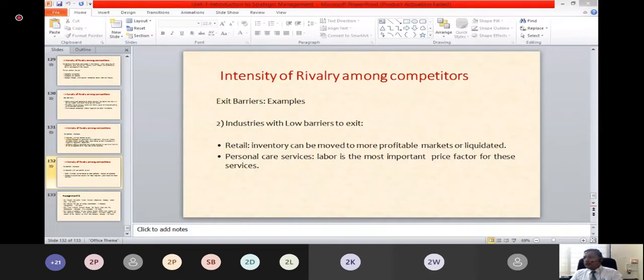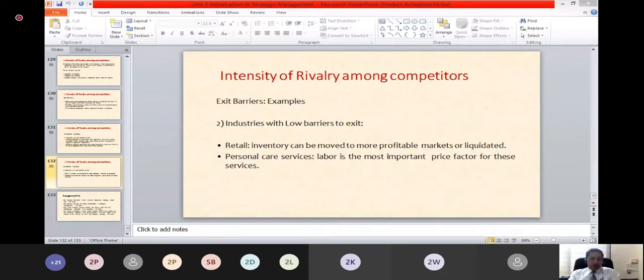In a retail industry, disinvestment can be very easy. The inventory purchased by the retailer can be easily moved to more profitable markets or liquidated. It can be moved from that owner to another businessman, and then that retailer can close his business. So the exit barrier is very low in a retail industry.